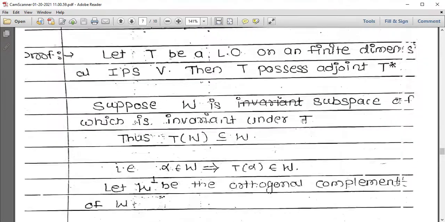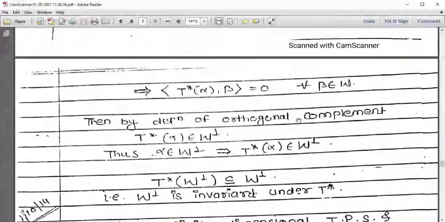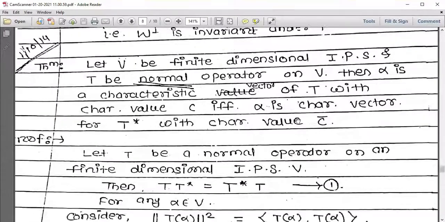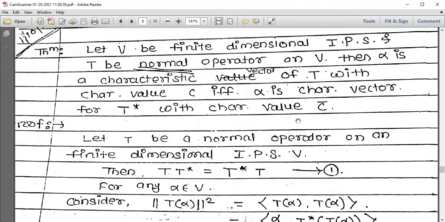So the next theorem is this one. Let V be a finite dimensional inner product space and T be a normal operator on V. Then alpha is a characteristic vector of T with characteristic value C if and only if alpha is a characteristic vector of T star with characteristic value C bar.